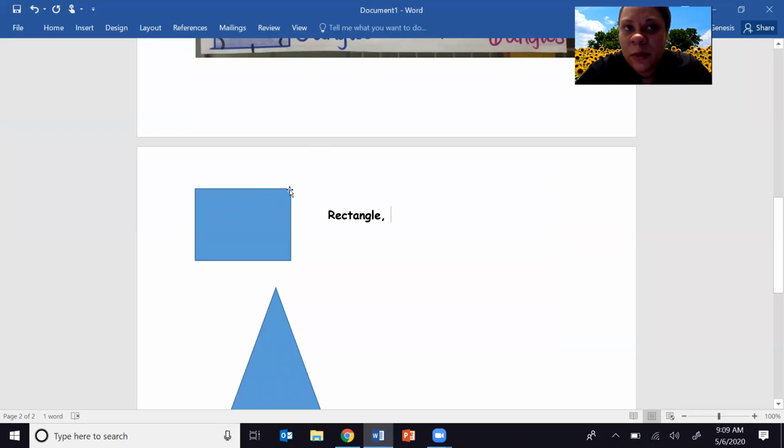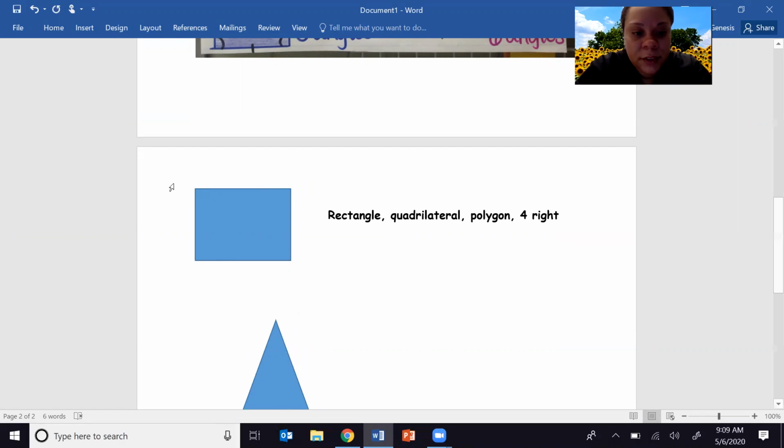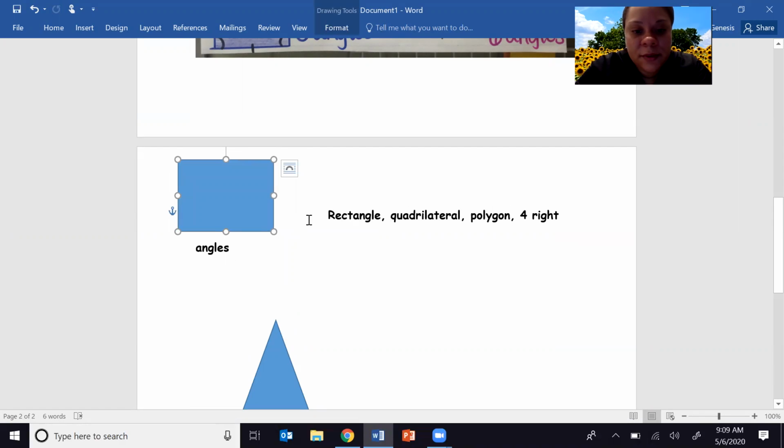What is that called? A quadrilateral. And is this a polygon? Yeah, so we can say polygon. And it has 4 right angles.